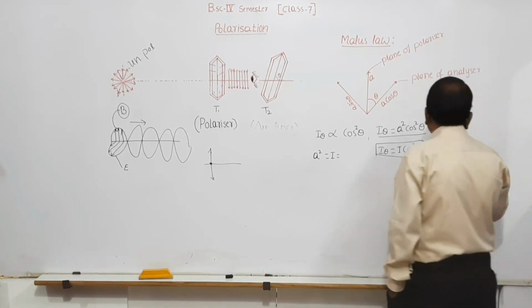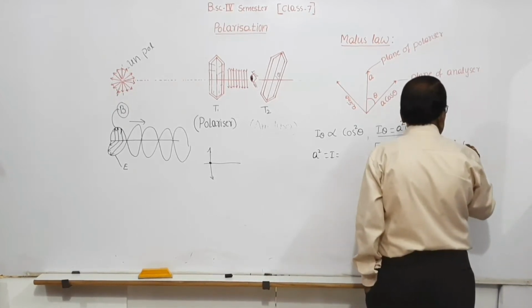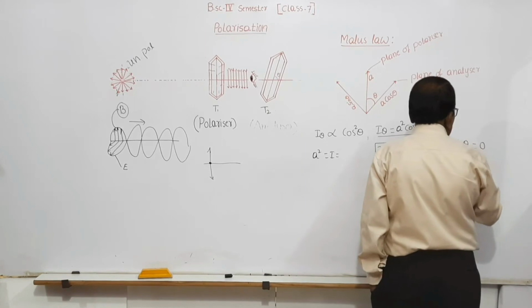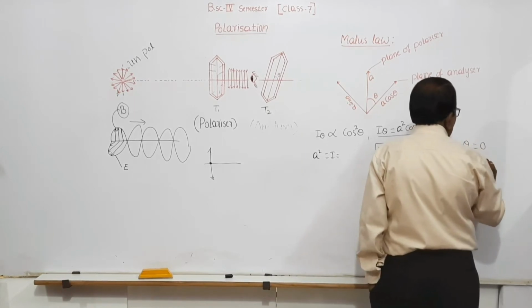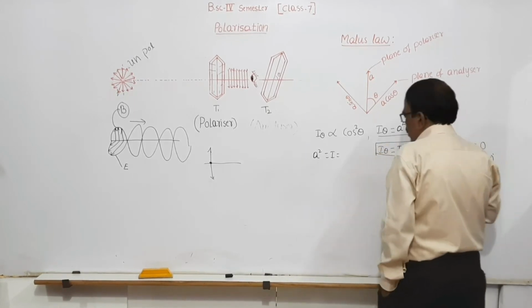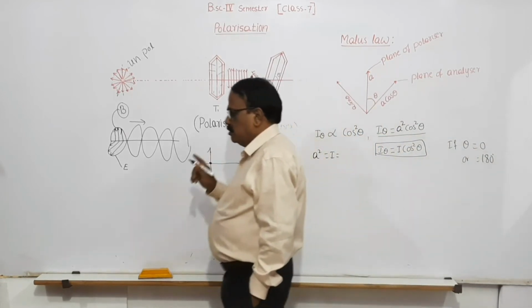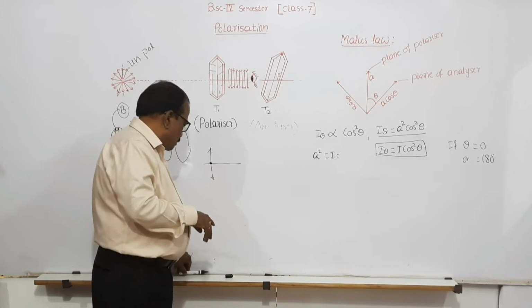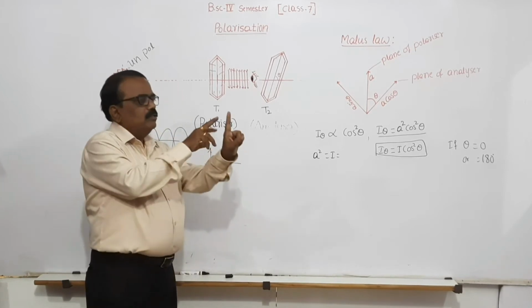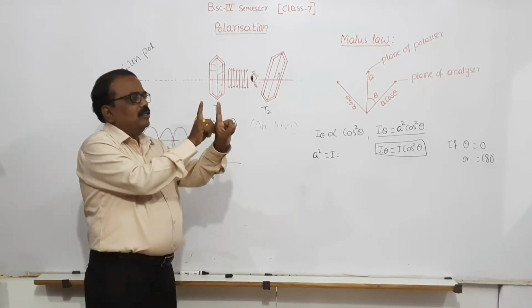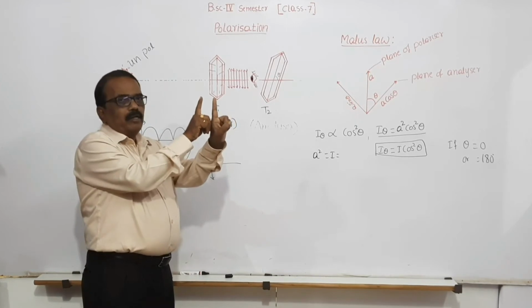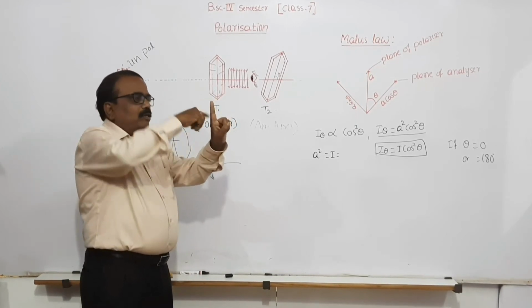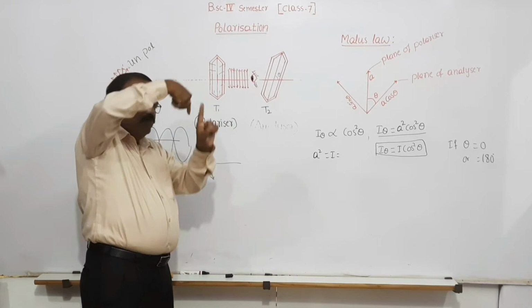So if your theta is 0 or 180 degrees, assume that this is the polarizer and this is the analyzer. 0 means they are parallel, 180 degrees means in this direction.